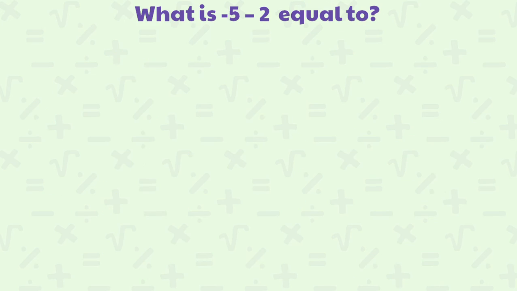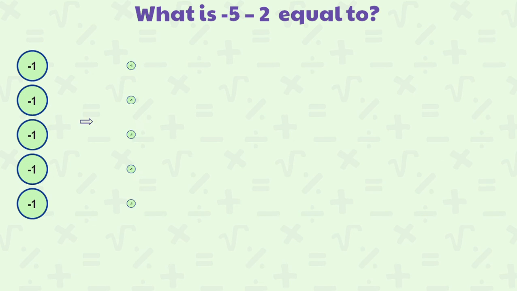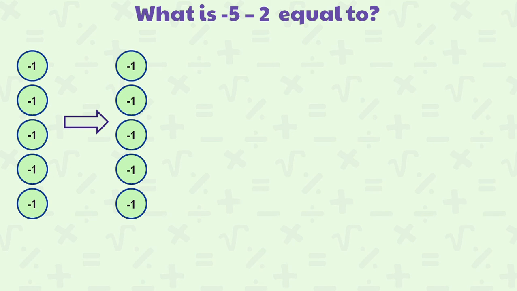Next example, negative 5 minus 2. What is negative 5 minus 2 equal to? Negative 5. This one. Okay, and then you need to minus 2. So you need to add 2 zero pairs, made from 1 plus negative 1, which becomes 0.